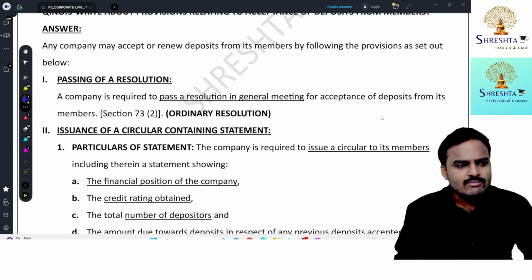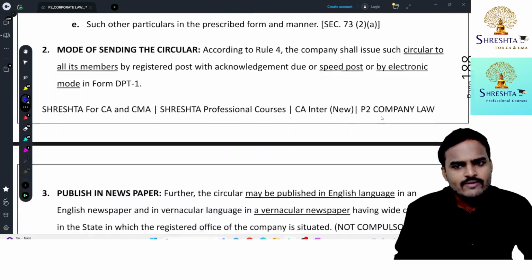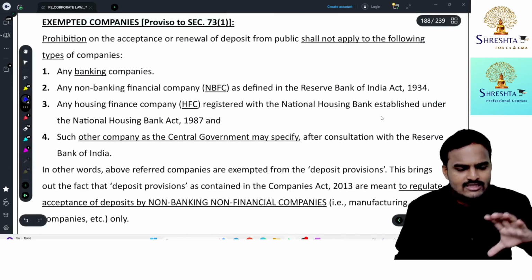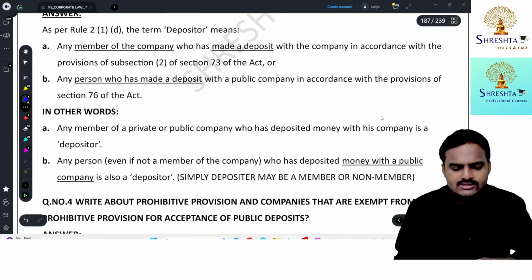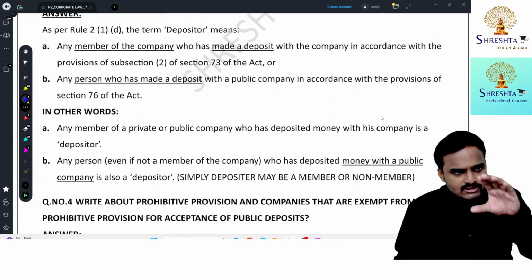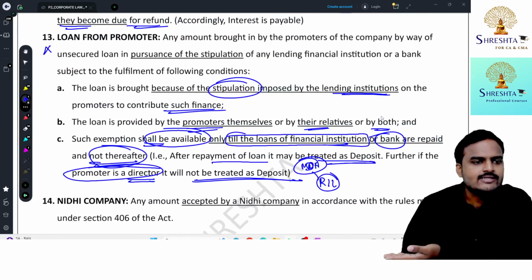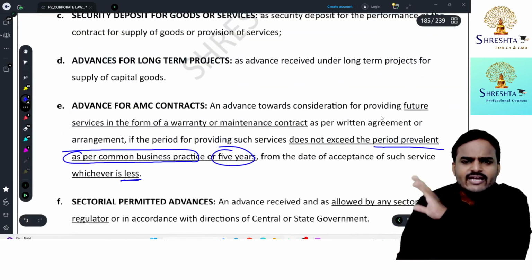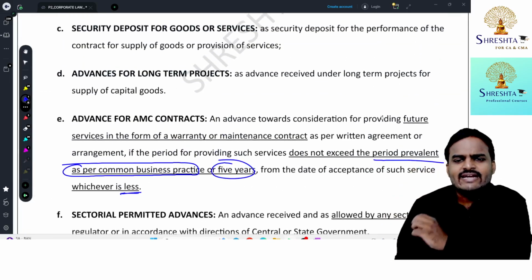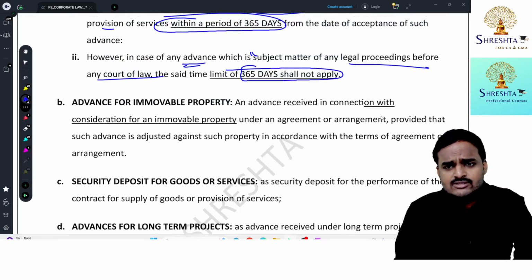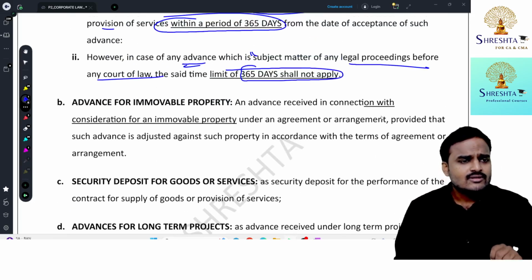Question number 5 already discussed with you. Clear? So why I discussed these conditions? The reason: these conditions, these limits, this tenure is not applicable with respect to these deposits. Any other amount which is not covered in these 18 categories, now it is a perfect deposit. For that deposit, chapter 5 acceptance of deposit rules shall apply.